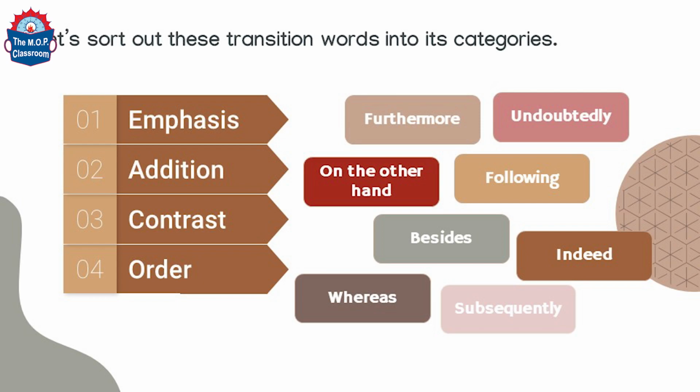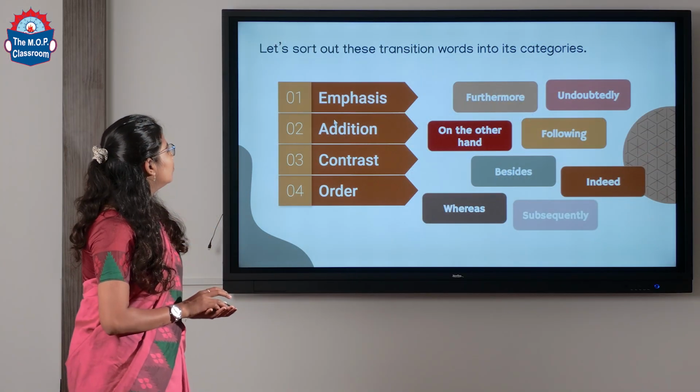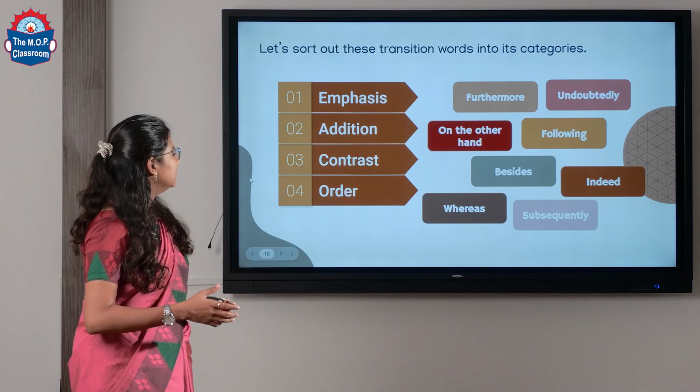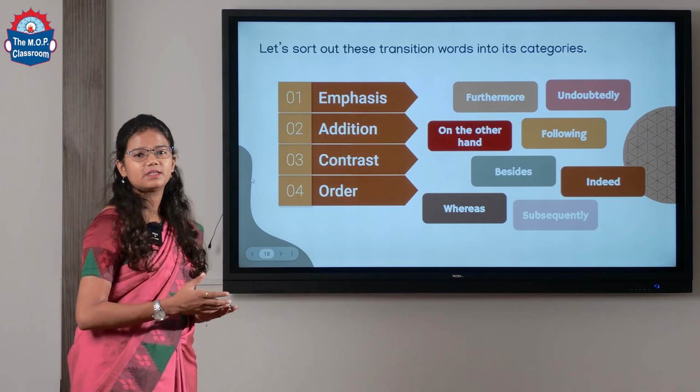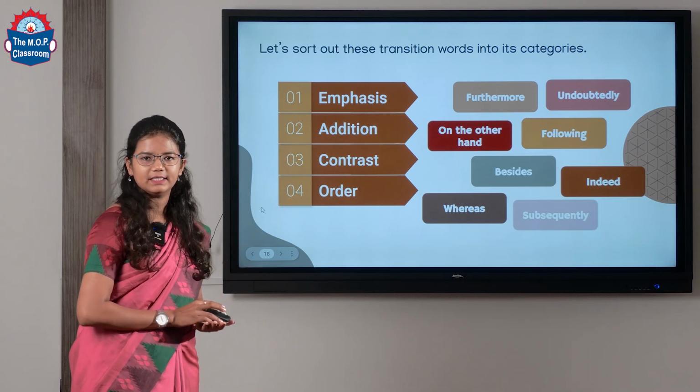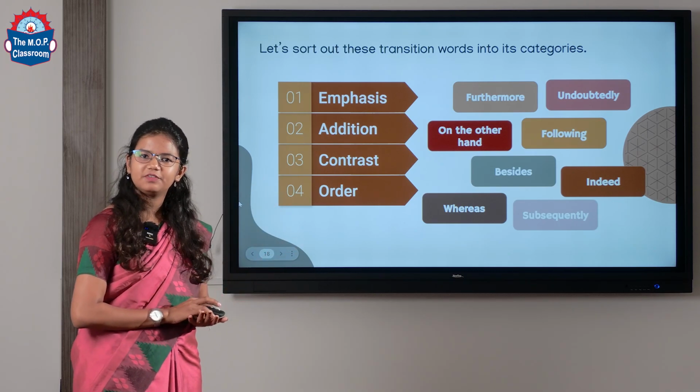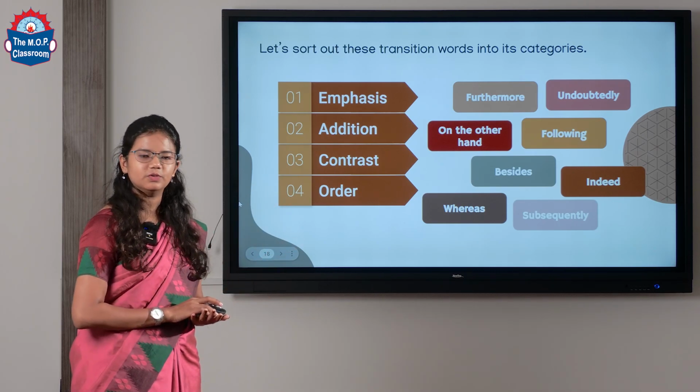So, when such transition words are used in an answer, it will make your answer have a unique clarity. Yes, here the words such as furthermore, undoubtedly, on the other hand, following, besides, indeed, whereas and subsequently fall under these 4 categories. Are we able to identify which category these words fall into?